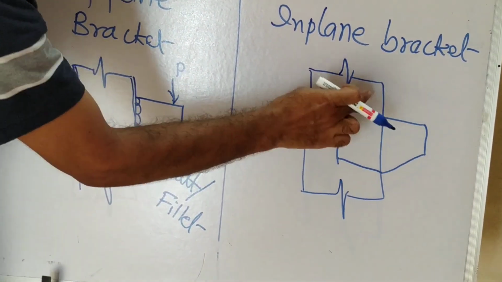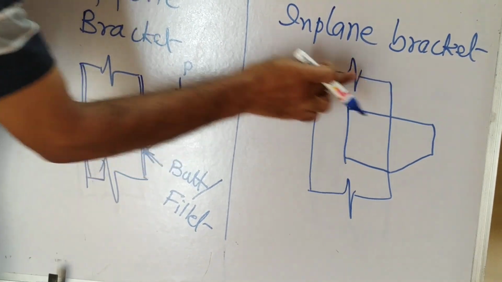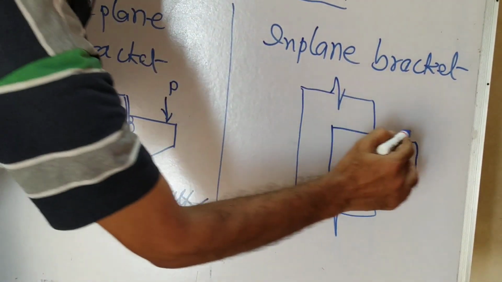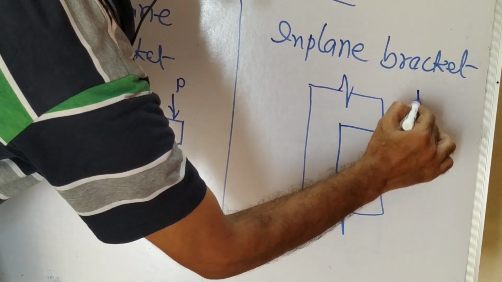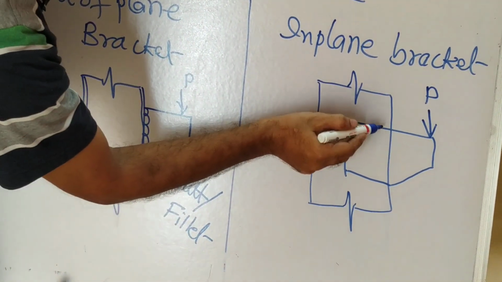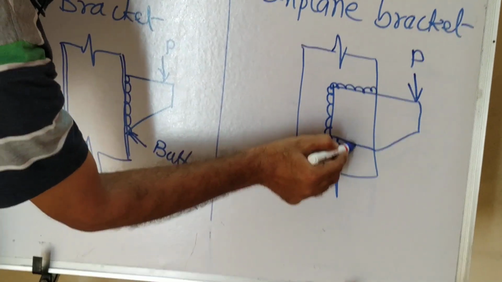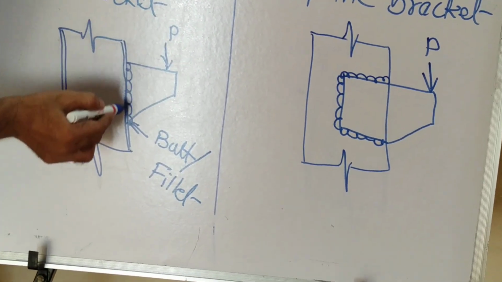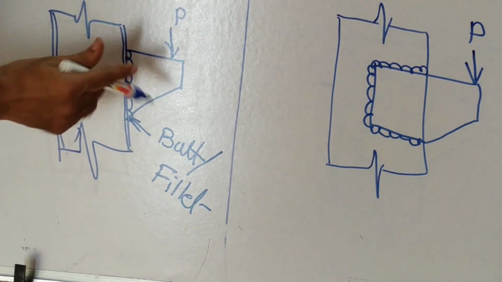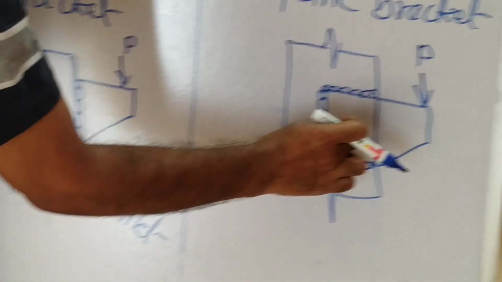So this plate and the flange of the I section are in the same plane. Let us say this is the load P. Now the welding is done along the plate, which is the shape of C. In this case it is only vertical. So this is called out of plane, this is called in plane.